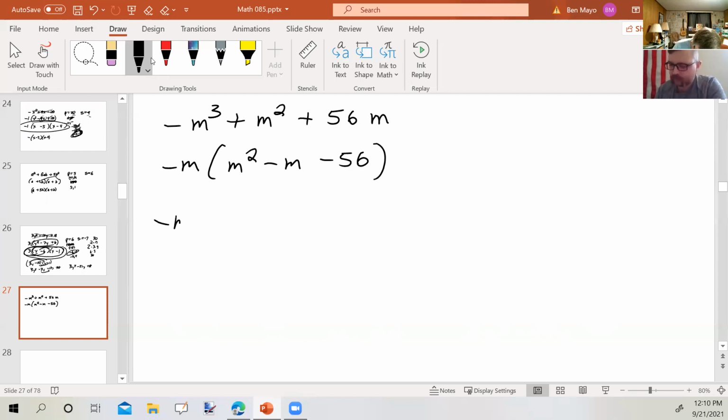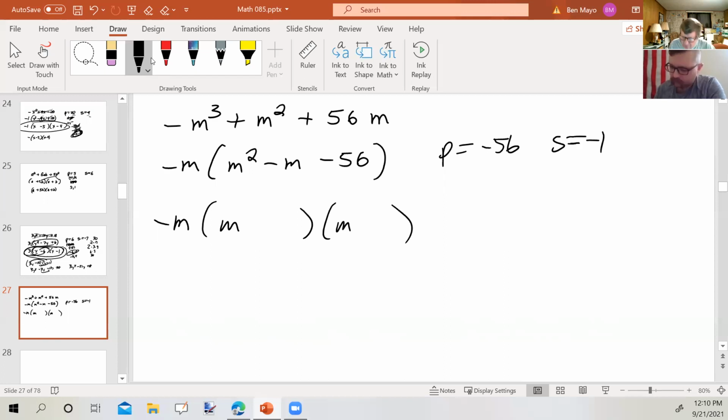So now we're going to have an m there and an m there, and a product is -56 and a sum is -1. Wow. We've got a really big product, but a really small sum. So consider this.